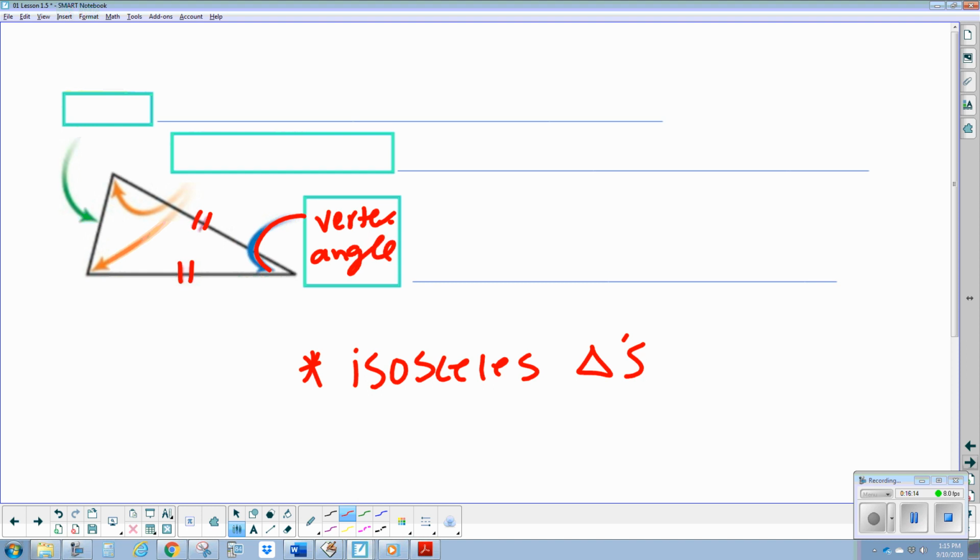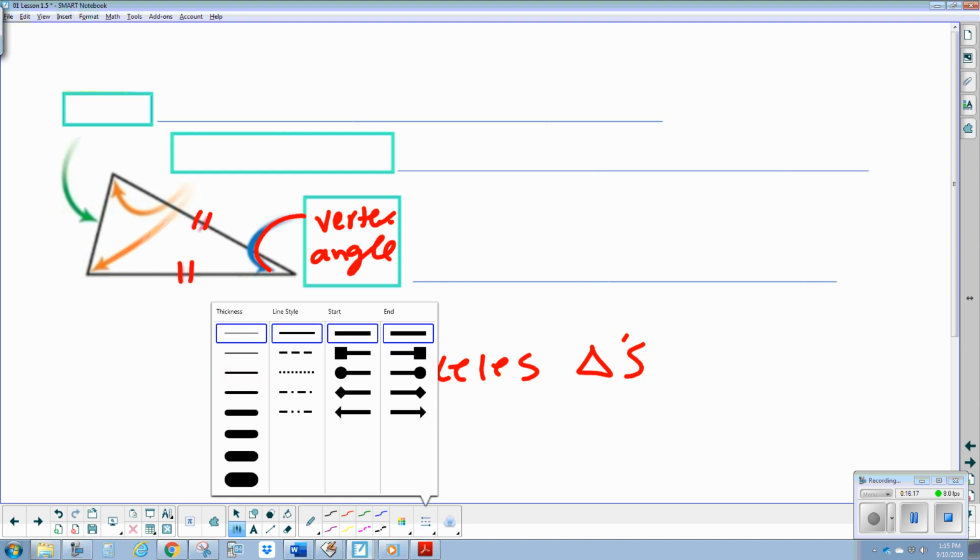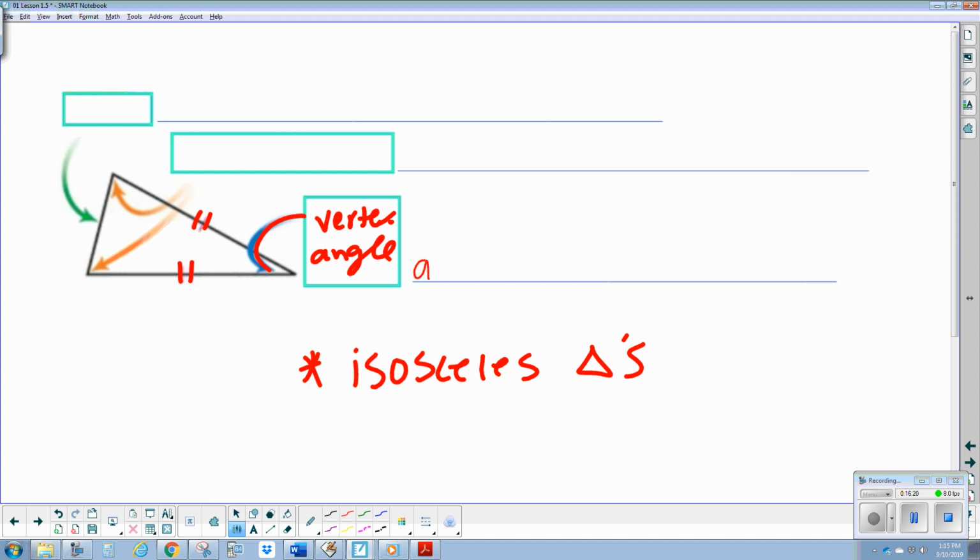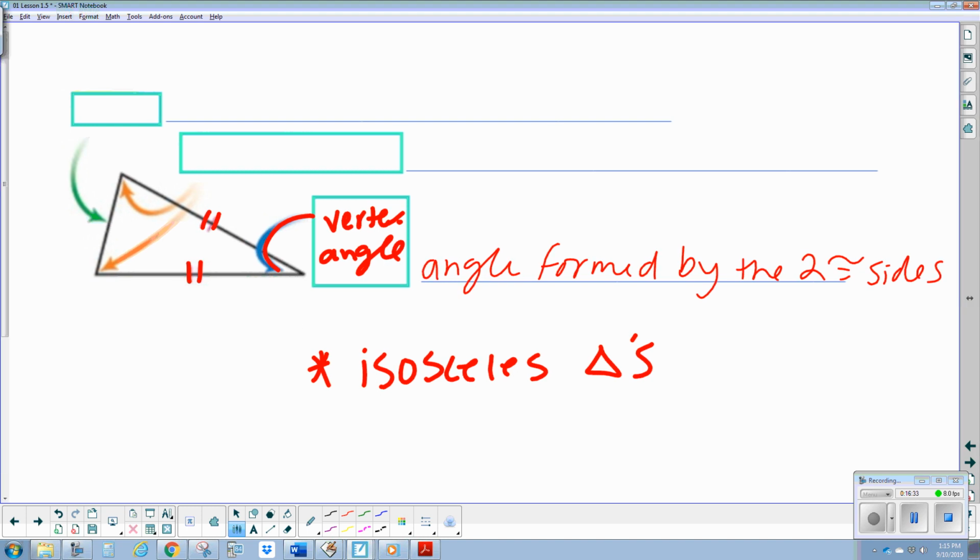Okay, and a vertex angle is an angle formed by the two congruent sides. These two angles that are not the vertex angles are called the base angles. And the base angles are the two angles that are opposite of the congruent sides.